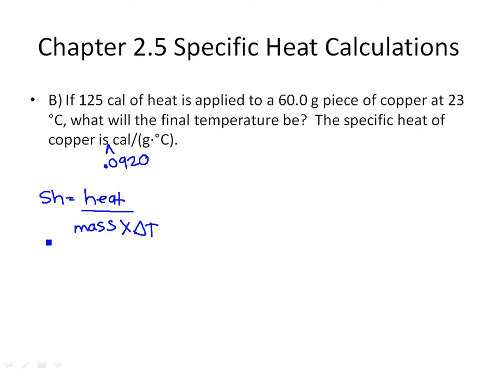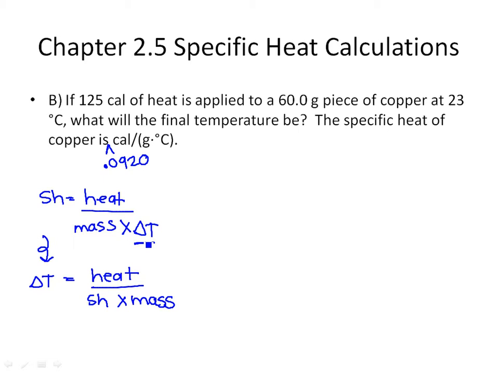Well, this time, we're going to rearrange to solve for the change of T. This is going to be equal to heat divided by the specific heat times the mass. I want you to remember that this delta T is the change in temperature, and keep that in mind at the end, what the problem's asking.